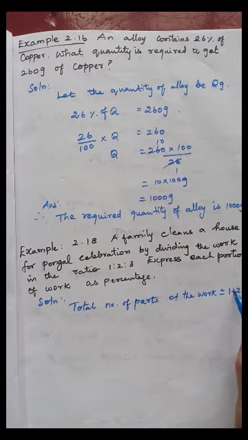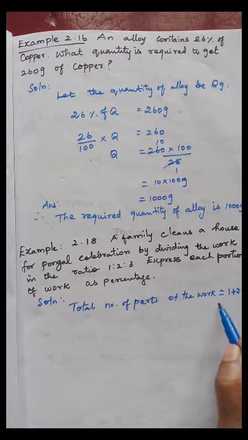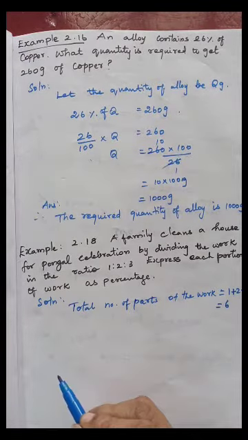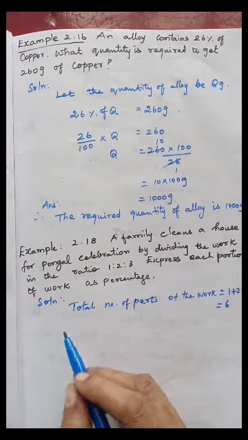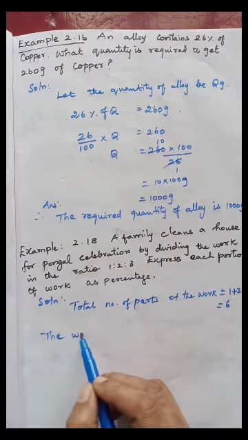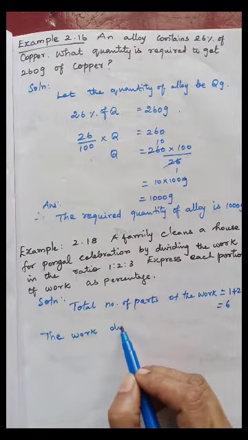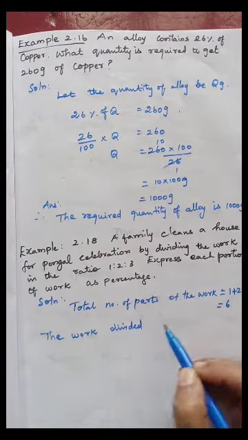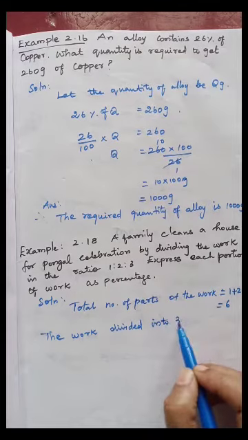That is 1 plus 2 plus 3 is equal to 6 parts. Okay. The work is divided into 3 portions.